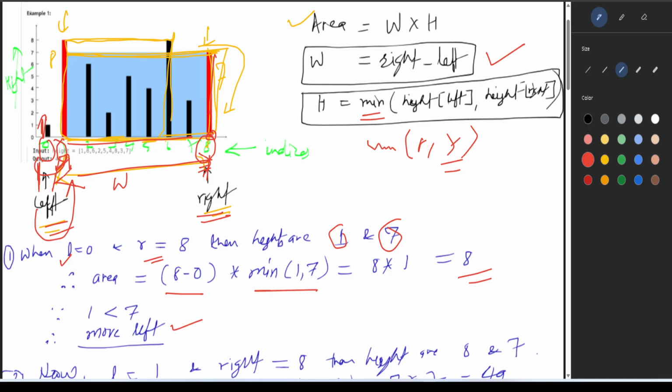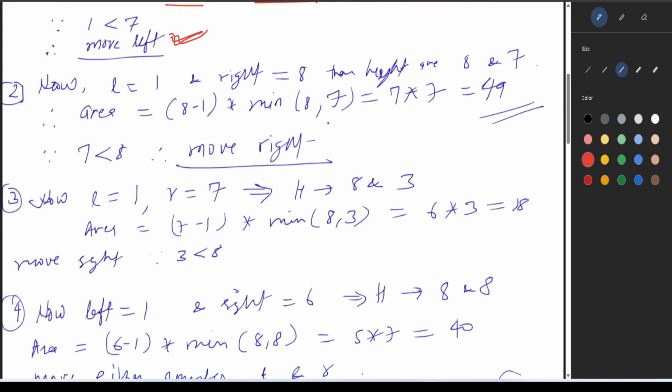Because the height is less, we have to move the left ahead. So left will come from 0 to 1. The right will remain the same.